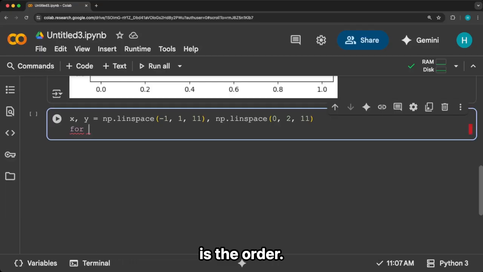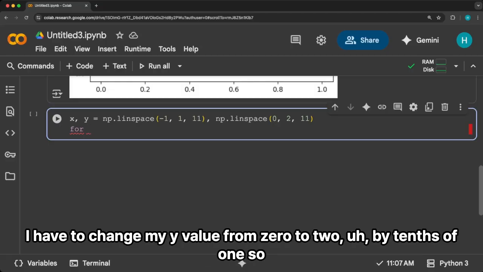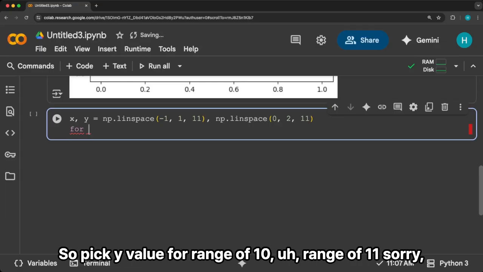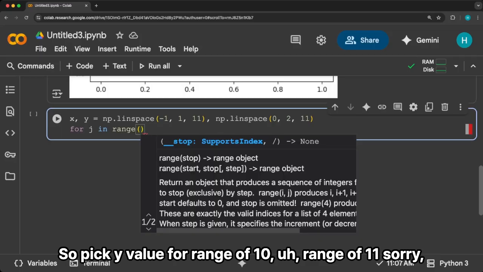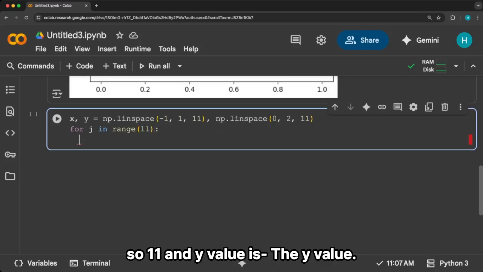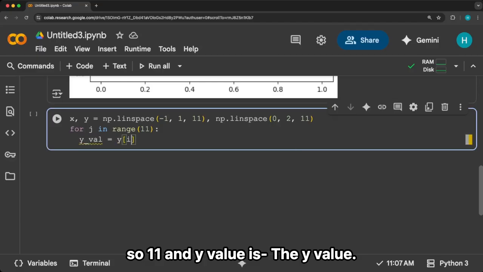Here is the order. If I want the horizontal lines, then I have to change my y value from 0 to 2 by tenths of 1, and then change my x from -1 to 1 by tenths of 1. So pick a y value for i in range of 11, and y value is the y value.